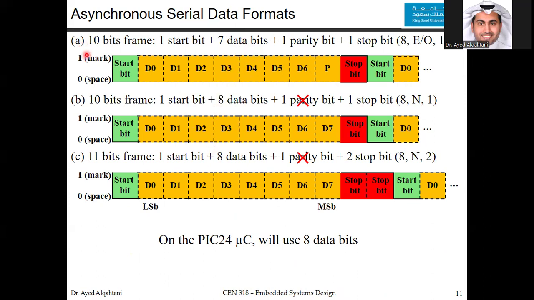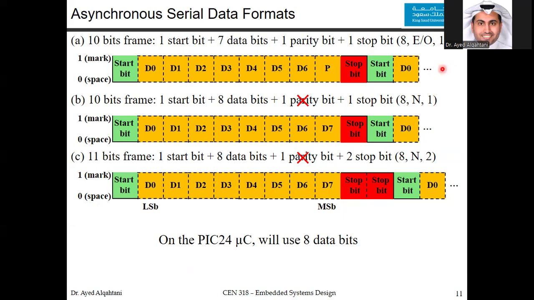The first type is a 10-bit frame with 1 start bit, the start bit that you can see here, 7 data bits from D0 to D6, 1 parity bit, which could be even or odd, and 1 stop bit. Now you have a full frame from the start to the stop bit, and then another frame starts.